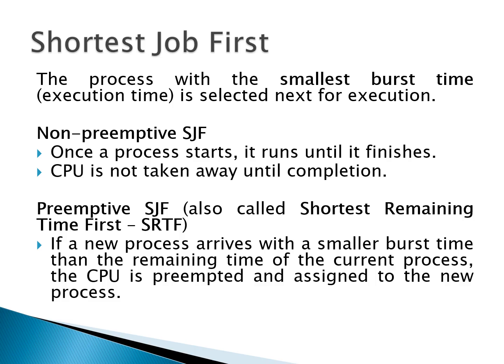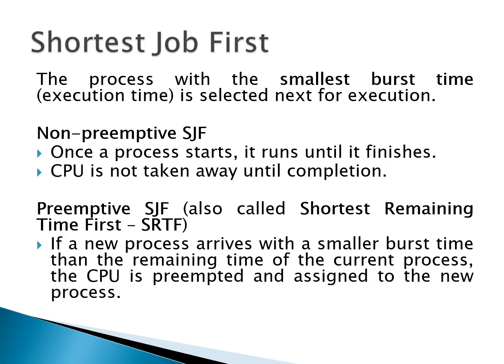This type of scheduling can be preemptive or non-preemptive. When it is just called shortest job first, it means non-preemptive shortest job first. So explicitly they may say non-preemptive shortest job first, or just shortest job first, which is meant as non-preemptive. Once a process has started, it runs until it finishes. The CPU is not taken away until it has been completed.